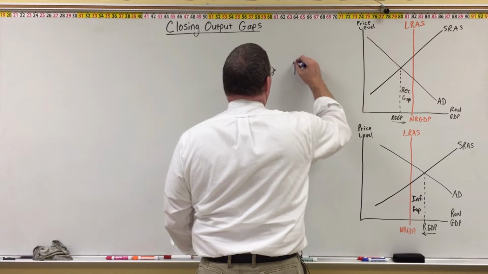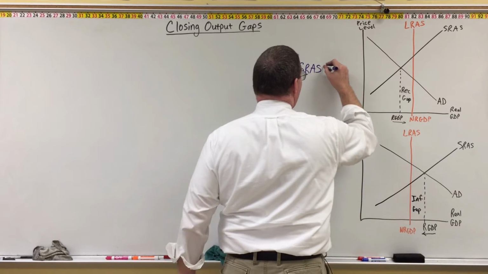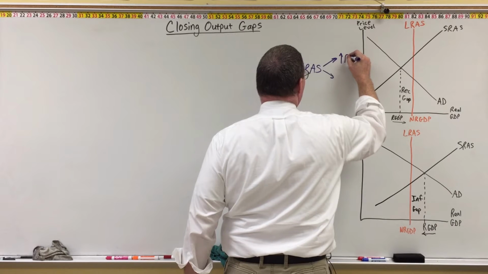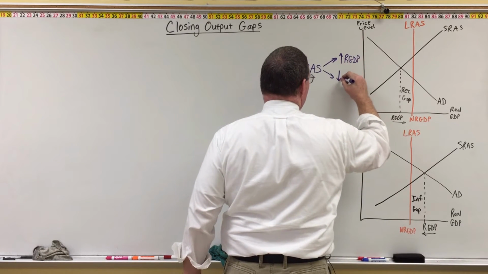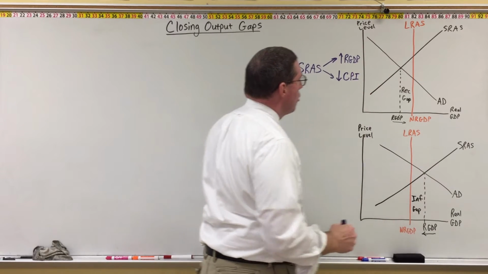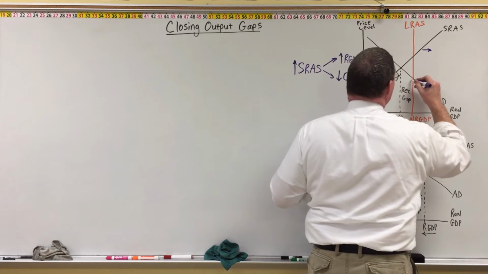We know that an increase in short-run aggregate supply, you can look back in your notes, we already did this, will lead to an increase in real GDP, and it will also lead to a decrease in inflation, or the consumer price index. So if we shift this short-run aggregate supply curve to the right, here's what we're going to wind up with.